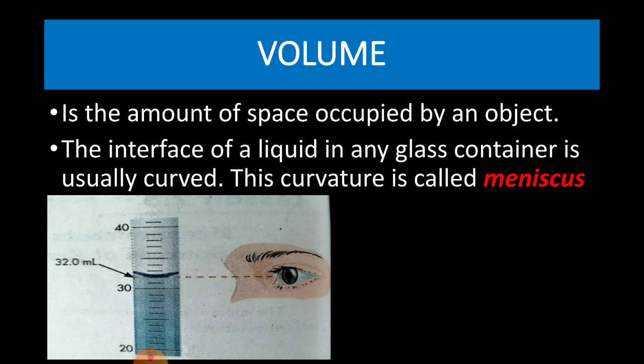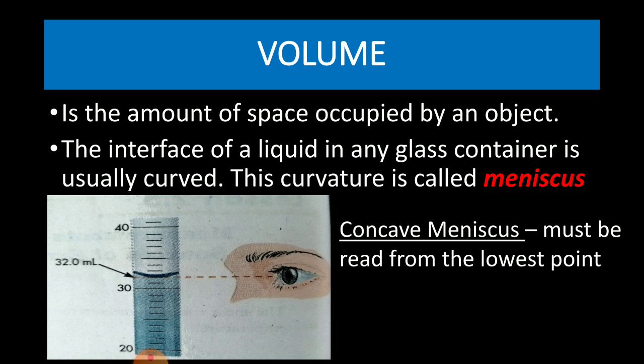So we have here an image which shows the meniscus. The curvature on the top of the liquid, that is what we call the meniscus. If the liquid is light colored or is colorless like water, the volume must be read from the lowest point of the concave meniscus.